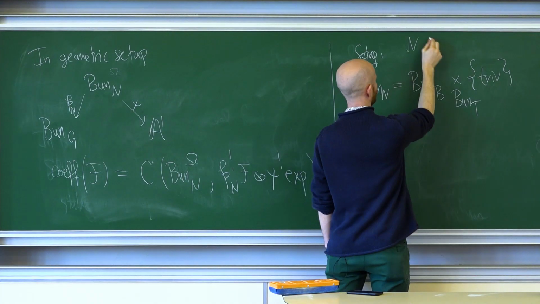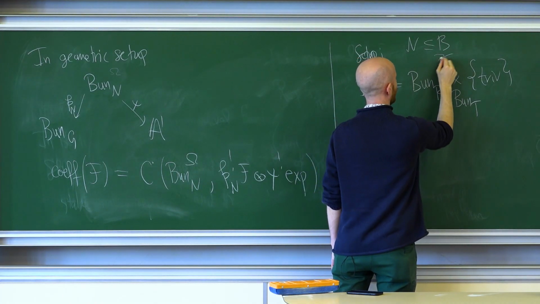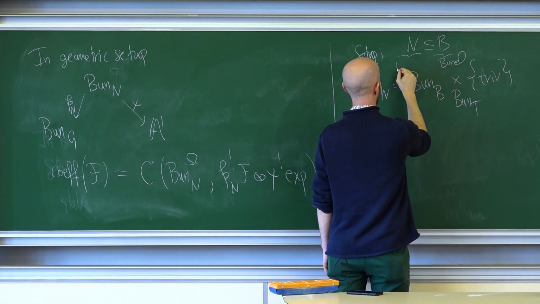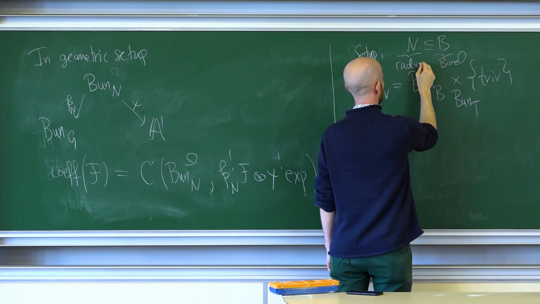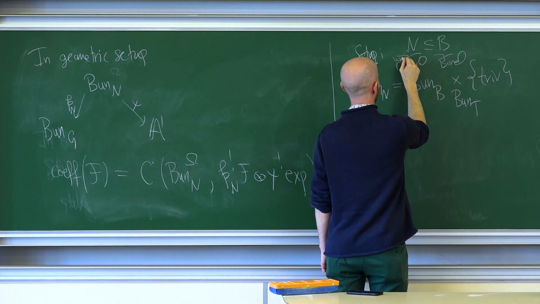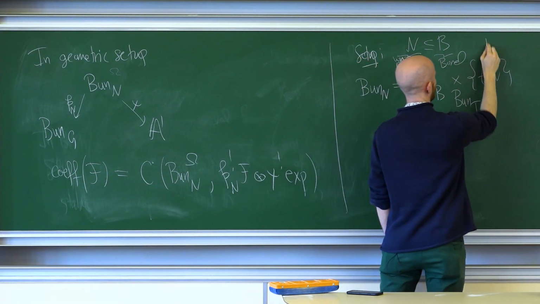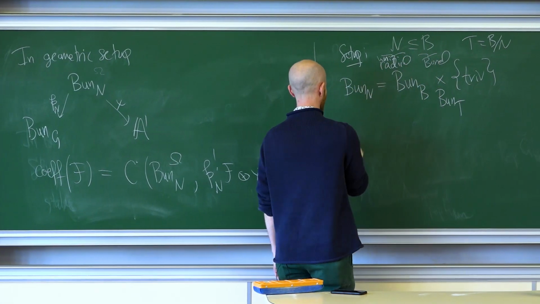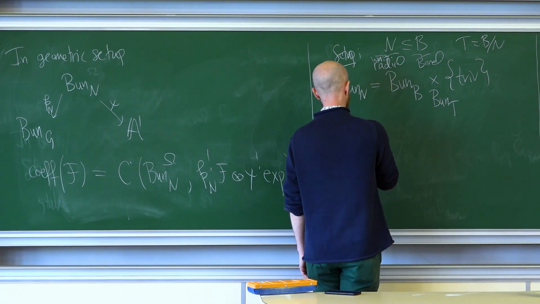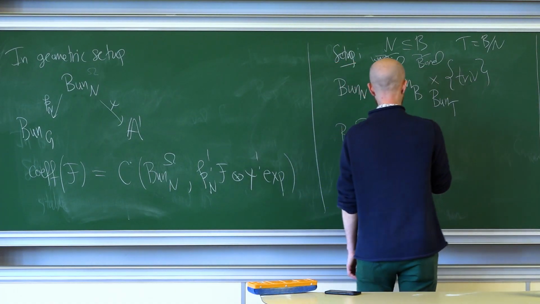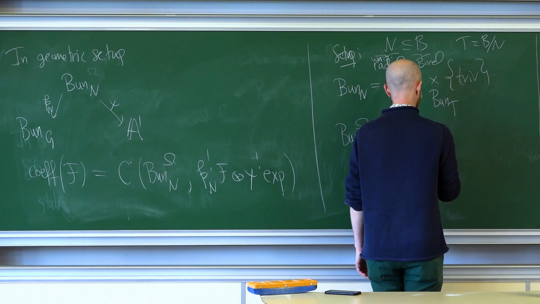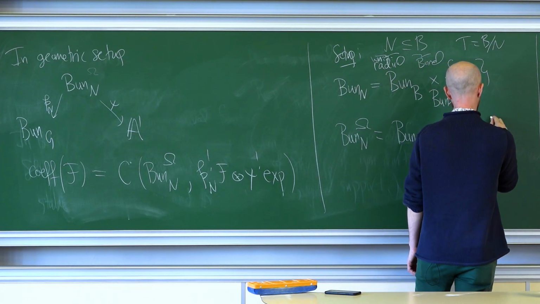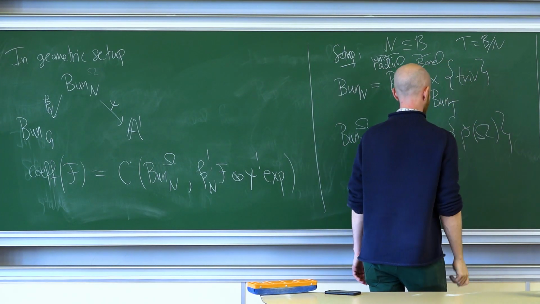I should say at some point that B is a Borel, N is its unipotent radical, and T is B mod N. And then this Bun N omega is basically the same thing, but you're supposed to include a twist, which is by rho check of omega.